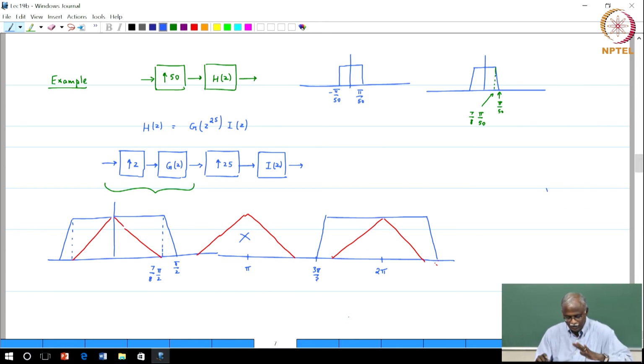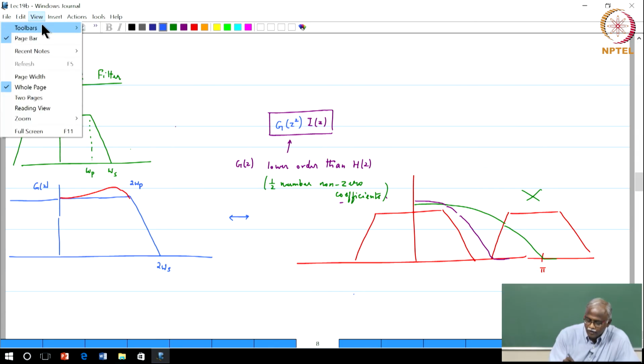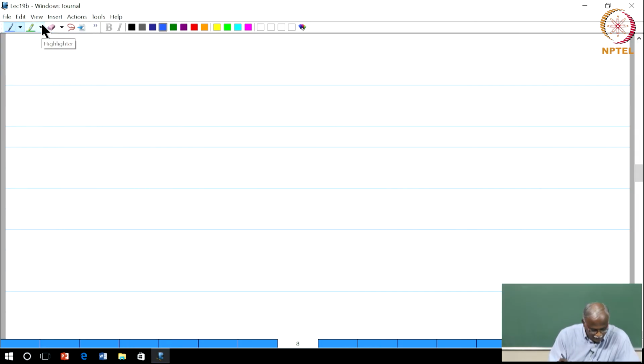We just have to make sure where the images are coming. So let me just do one more diagram and let us complete the discussion. After the upsampling by a factor of 50, there is a cutoff, there is first image at pi by 50.